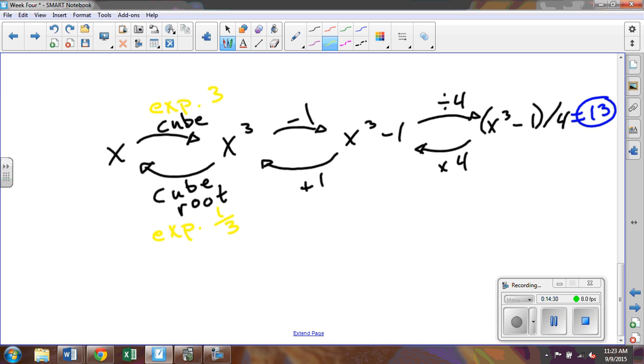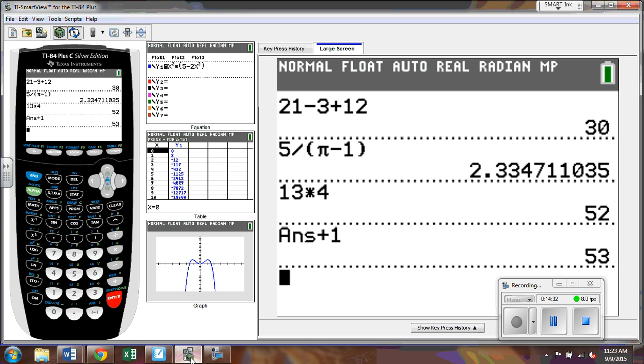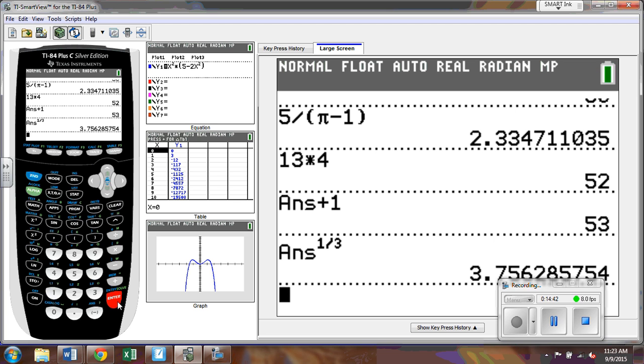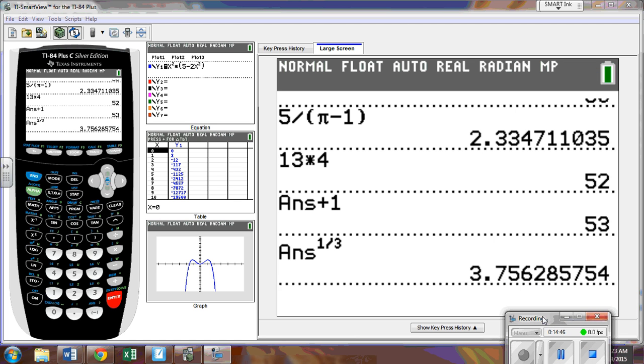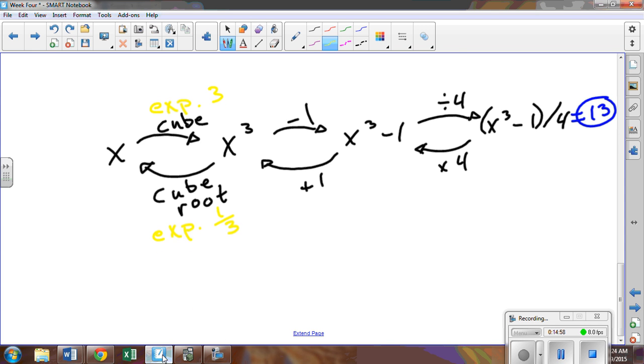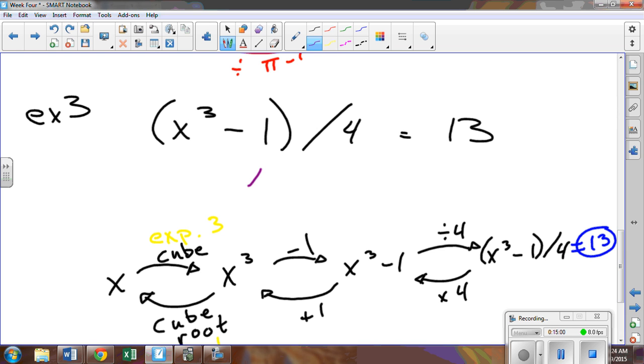So to put that into our calculator, we can take that answer and raise it to the 1/3 fraction, which gives us our answer. Round that to 3 significant digits, 3.76. And so here's our answer. X is approximately equal to 3.76.